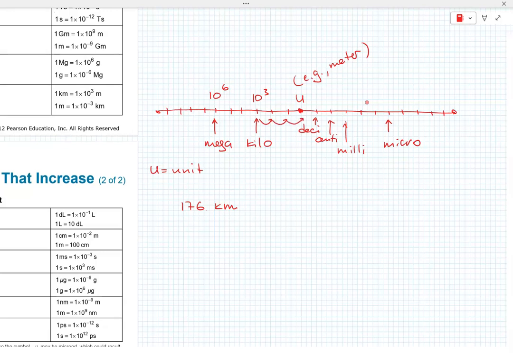How many steps? Which direction? So we move that decimal point 3 steps to the right, and we put placeholders in here. So 176,000 meters.